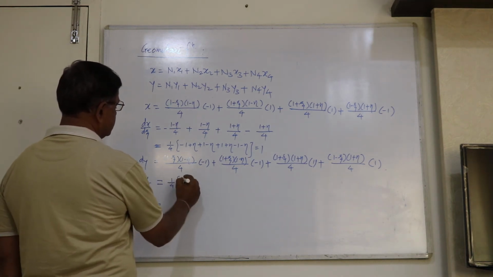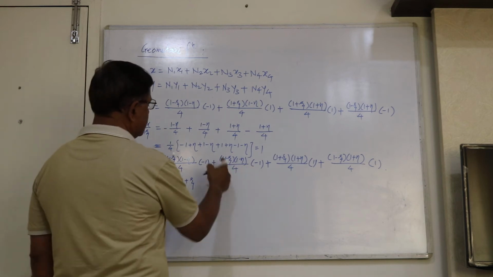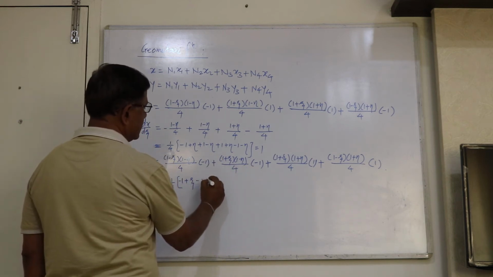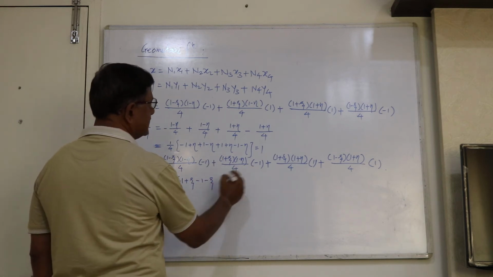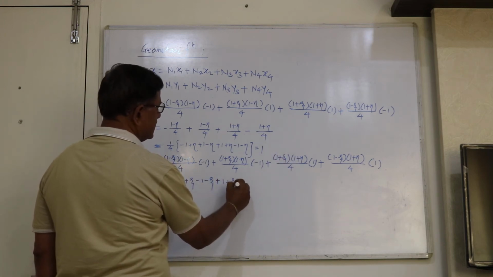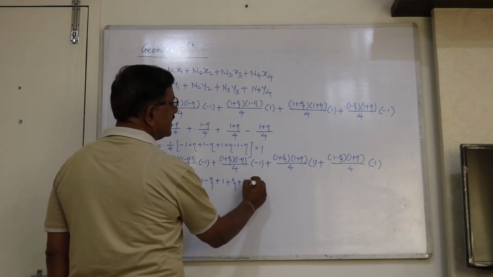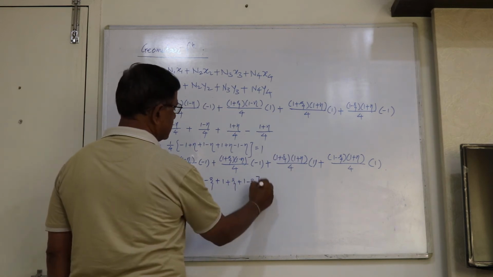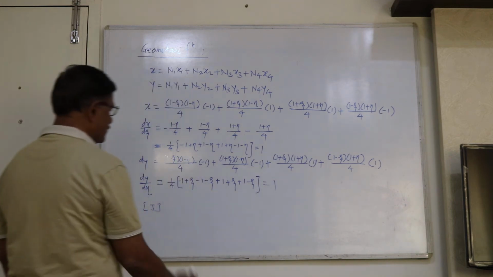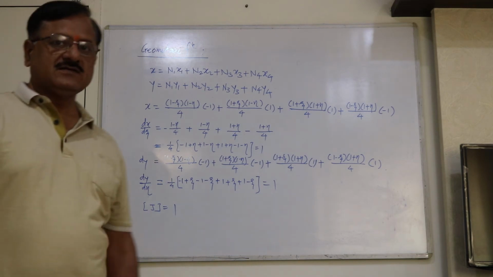So this is 1 by 4 times minus 1 plus xi. Similarly here minus 1 minus xi. Then here it is plus 1 plus xi, and again plus 1 minus xi, and you will get 1. So the Jacobian matrix here is constant, we will get unity.